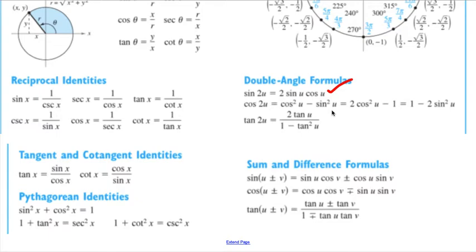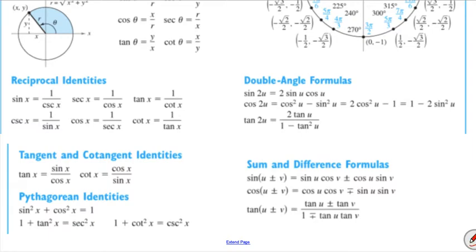Your tangent, cotangent identities, these are also known as your quotient identities, which you know that sine over cosine equals tangent. Pythagorean identities and the sum and difference identities we had talked about when we were doing the limit as h approaches 0 of sine, when we determined that the derivative of sine was cosine. We had talked about those. But anyway, like I said, I wanted to just put these on here.